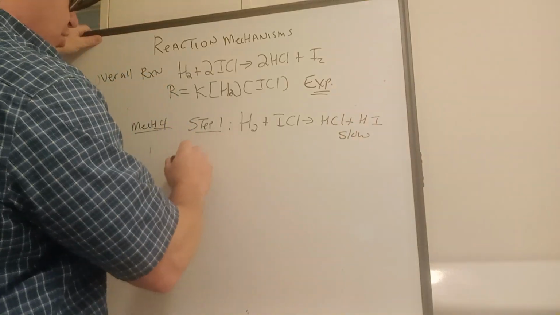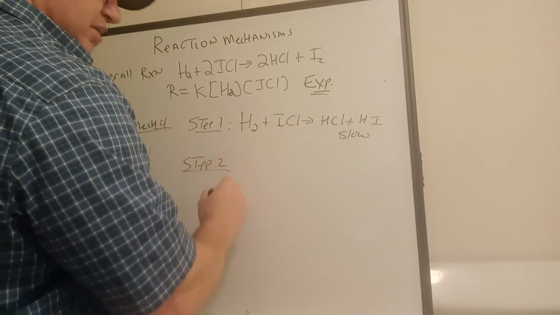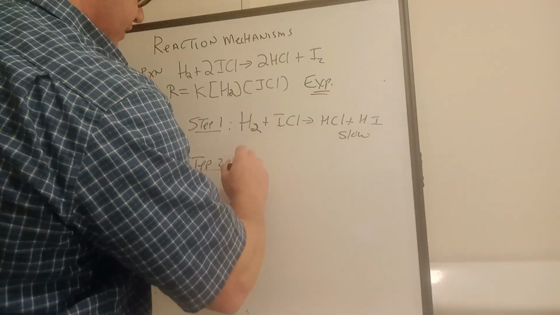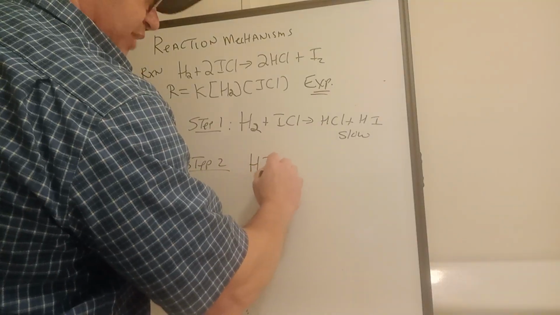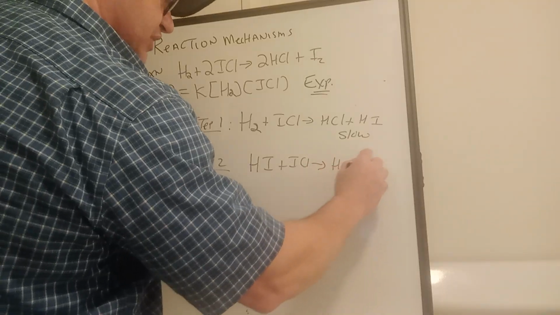That step is slow relative to the second step. The slow step is kind of like the stoplight that controls the rate of traffic. Step 2: HI plus ICl goes to HCl plus I2.